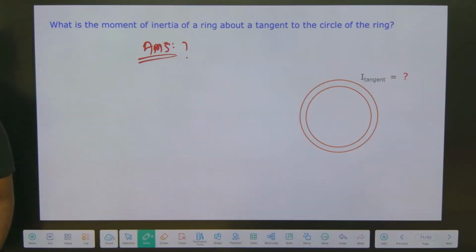What is the answer? Yes, 30 seconds left. Fast.